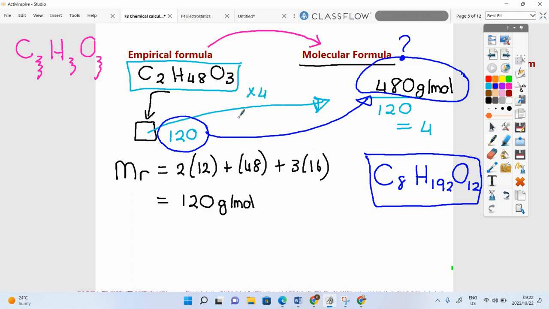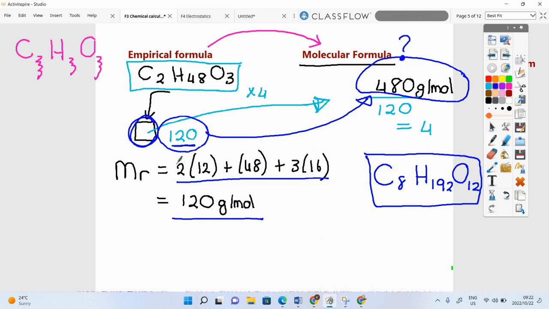Does that make sense? You're still frowning. Okay. Then how do you do that? So you worked out the empirical formula C2H48O3. Are you with me up to there? Yes. Then you look at what is the mass of that. So you go and work out the molar mass of that using the periodic table. So you know that one little block is going to be 120.